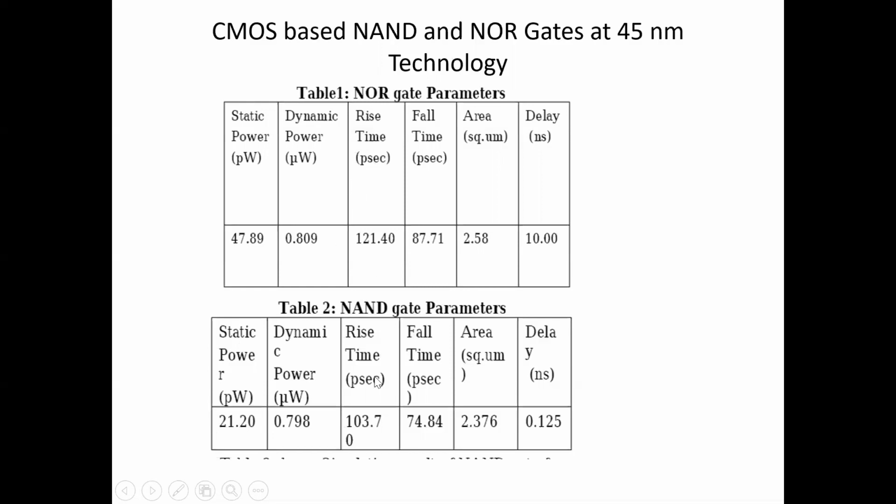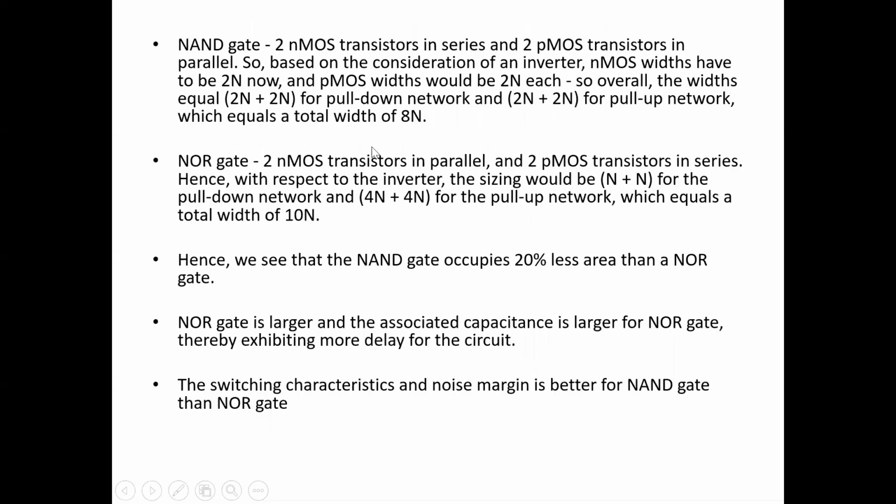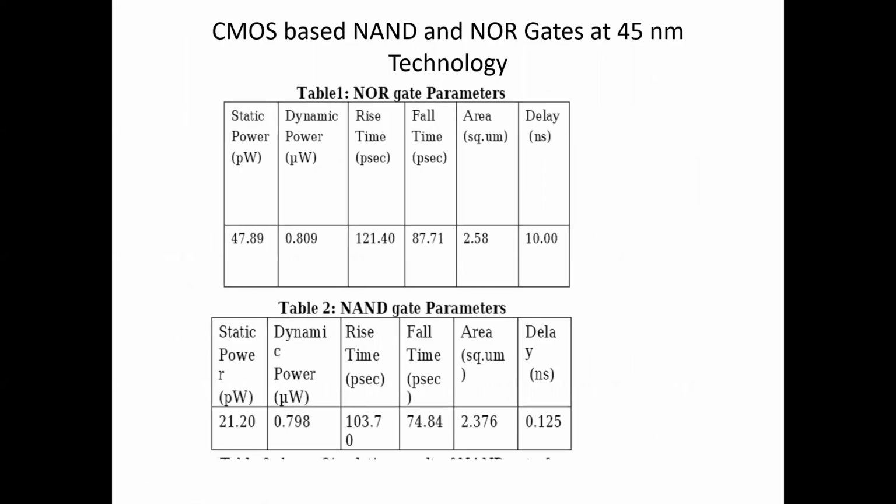And coming to the rise time and fall time, comparatively, the NAND gate will have less delay than the NOR gate. Area occupied by this also is less. Here delay is less. This is 10 nanoseconds, whereas this is 0.125 nanoseconds. So when we compare all this, we see that the NAND gate is better compared to the NOR gate because it occupies less area, and the switching characteristics and noise margin of a NAND gate are better than the NOR gate.